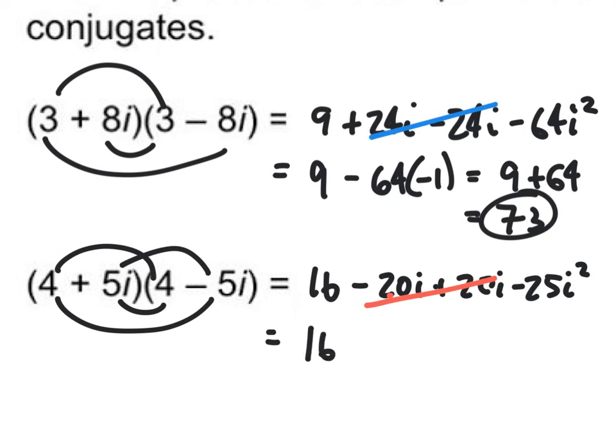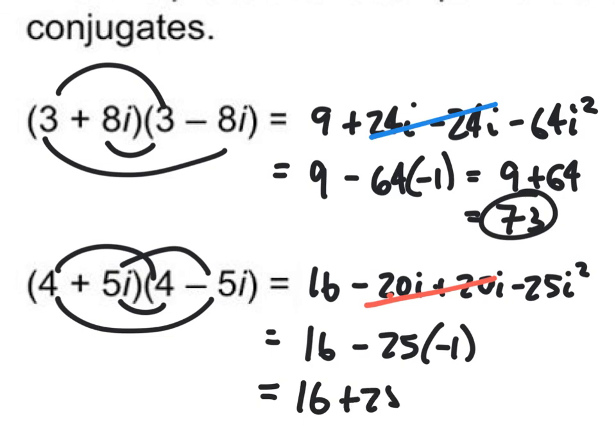We are left with 16 minus 25 times negative 1, because i squared, folks, is negative 1. Remember that. And here we've got 16 plus 25. My mental math is terrible. You guys haven't figured that out yet. We get 41. Pretty cool.